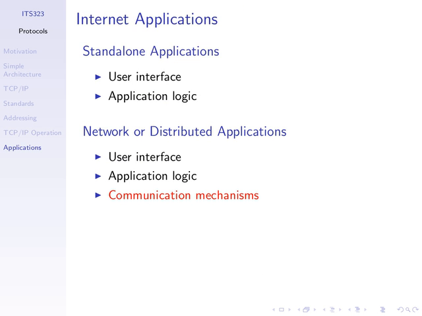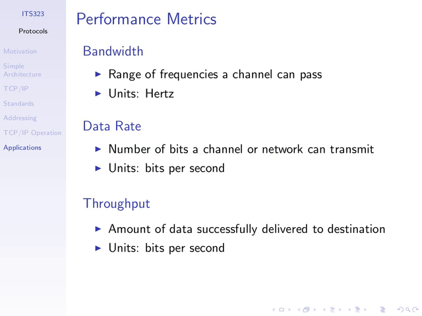Returning to our performance metrics, we've just got one more to introduce. Bandwidth is about the set of frequencies that we use to transmit a signal. The data rate is the maximum rate at which we can send bits across a link or across a network. Throughput is the rate at which we can successfully deliver data across that link or network.